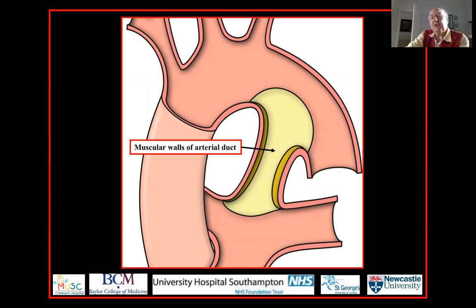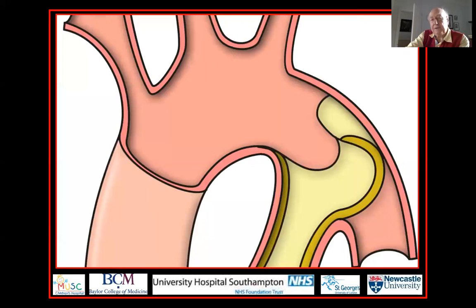They have the mixture of collagen and fibrous tissue and smooth muscle cells within their walls, and it's the layered arrangement that permits us to distinguish between the walls of the duct and the walls of the other arterial pathways.